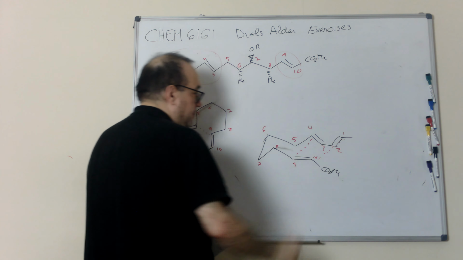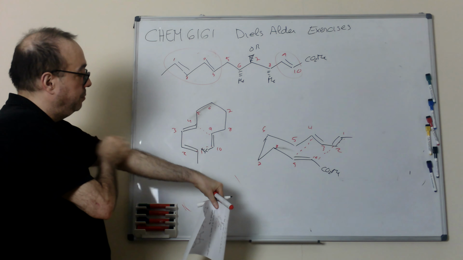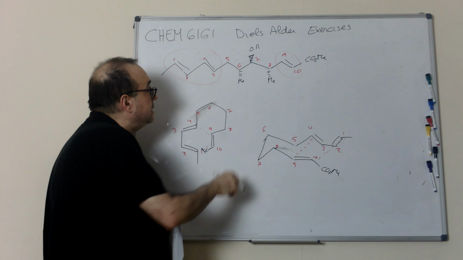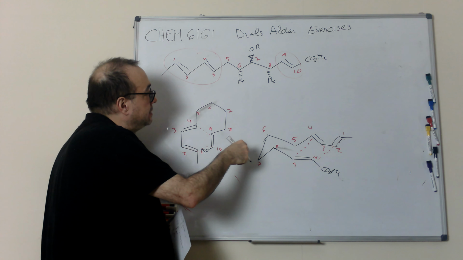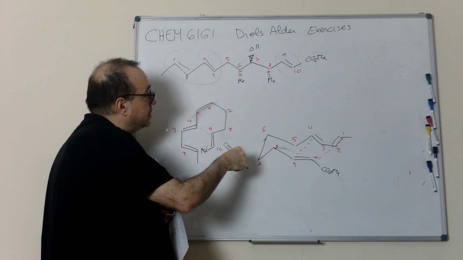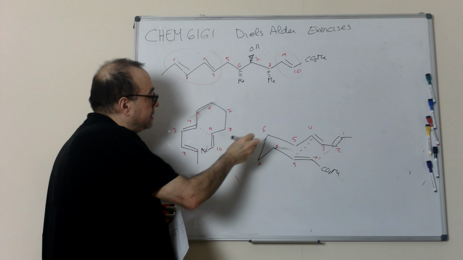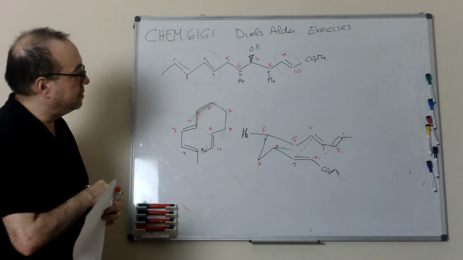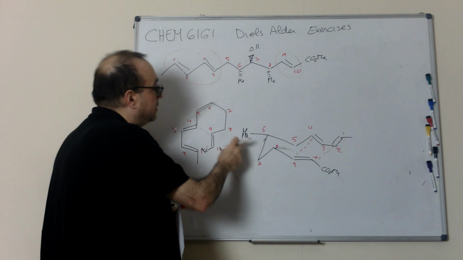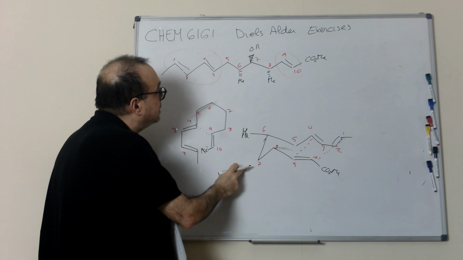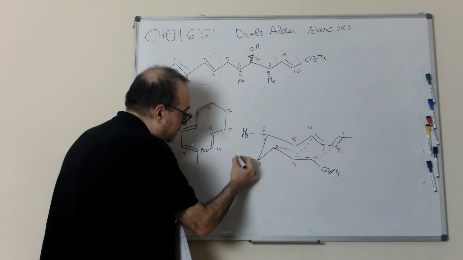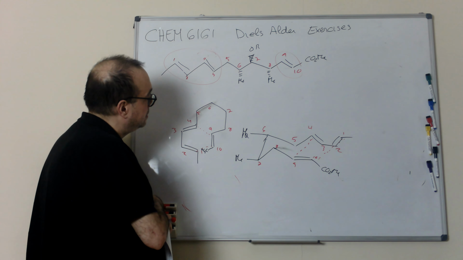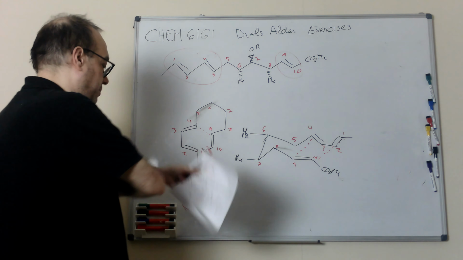Basically the only thing that I need to do is to put the substituents. Okay? The 6 is going down. That means that the methyl is coming here. In the 7, this is going up. Am I doing it right or am I doing it wrong?